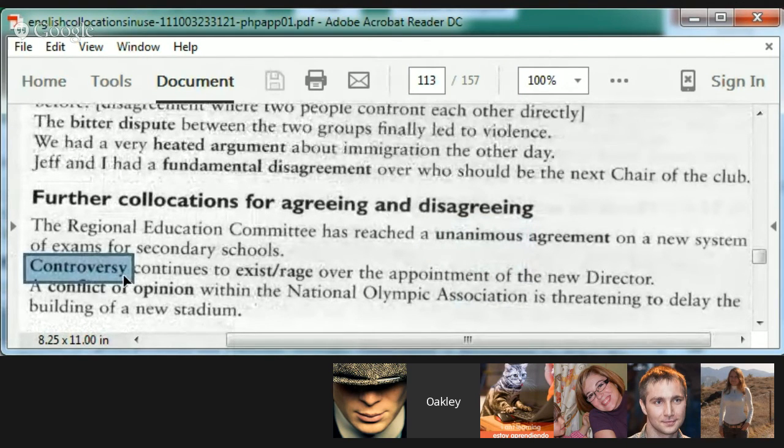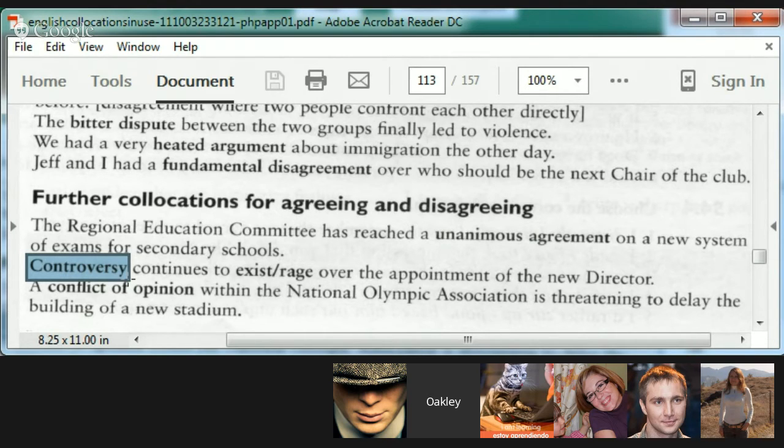Okay, Anna, how about controversy? Yes, controversy continues to exist, a rage over the appointment of the new director. Let's see, it's opposing point of view, strongly dispute.